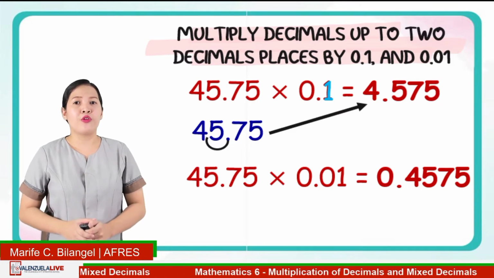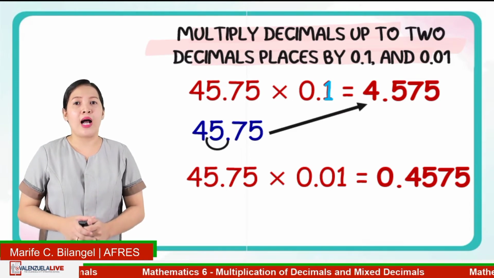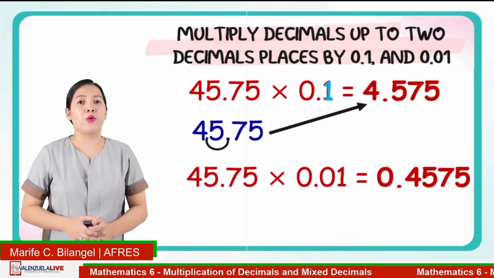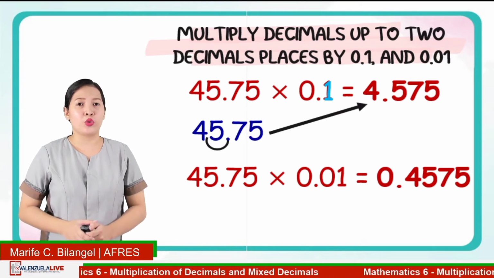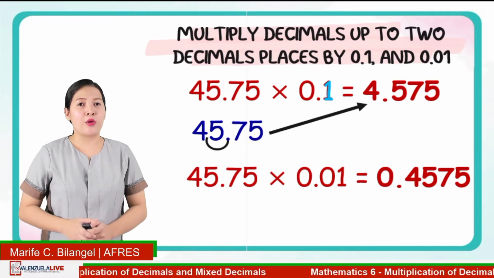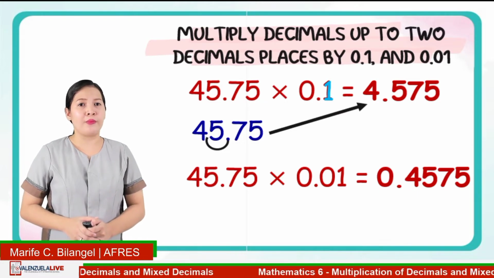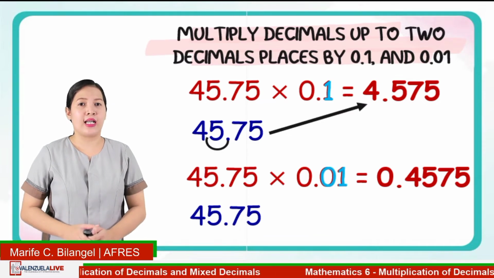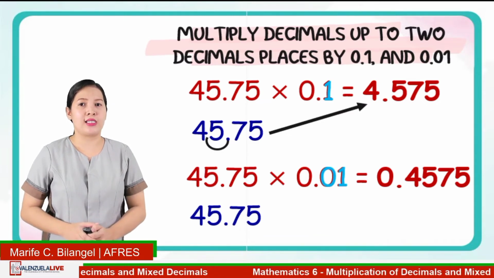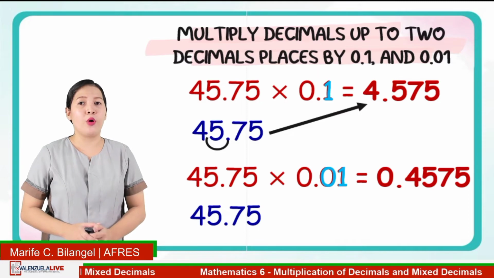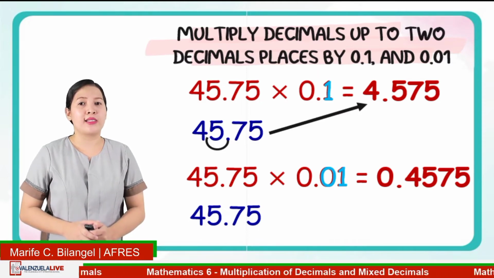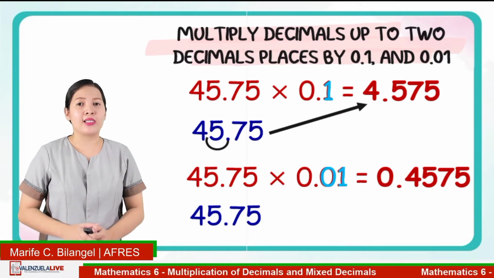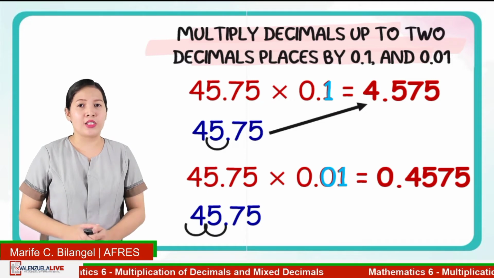While 45 and 75 hundredths multiplied by 100 is equal to 4,575 10,000ths. Since 100 has two decimal places, I move the decimal point of 45 and 75 hundredths two decimal places to the left.